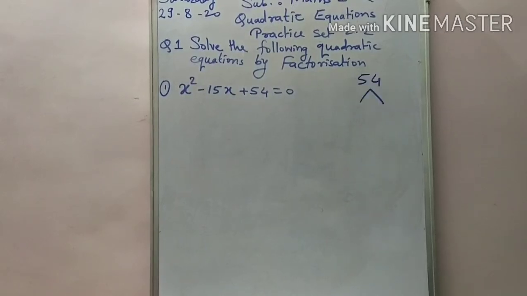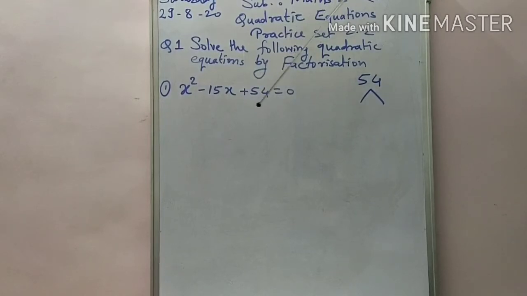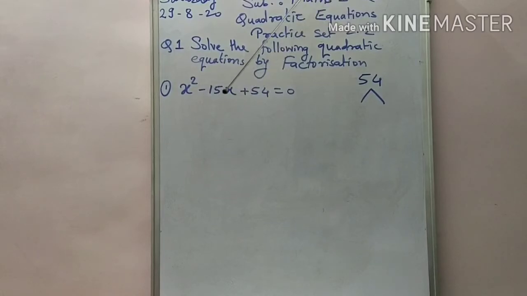We have to find the factors of 54 such that, since the sign of 54 is plus, the factors have addition as 15. If the sign were minus, it would mean subtraction is the middle term. Now here the sign is plus, and plus means addition, so we get the middle term as 15.